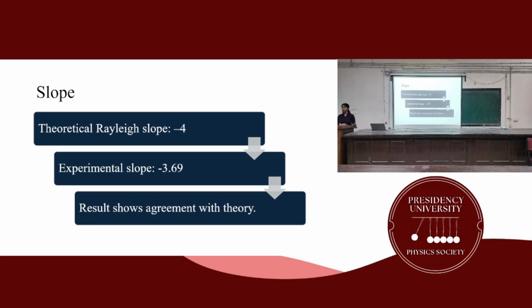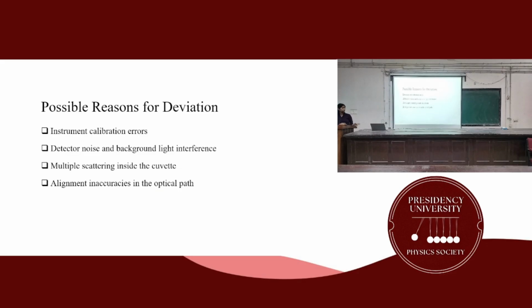So the experiment was not a failure. I succeeded in showing how close it is to the theoretical value. But still, it was not that close to minus 4, like minus 3.69. Definitely, there were some reasons which caused this deviation. The reasons were calibration errors, and although it worked in a completely dark room, some light is always there, which caused some errors.